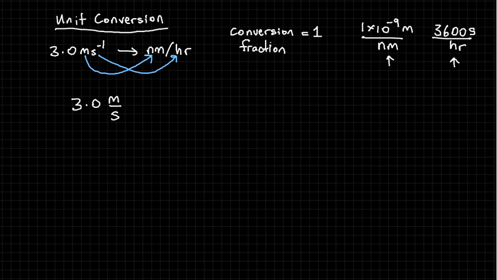So what we can do to this fraction here is we can flip it because it's the equivalent. In 1 nanometer there is 1 times 10 to the negative 9 meters, and that is still equal to 1. Alright, so let's times that by the fraction 1 times 10 to the negative 9 meters, and you'll see immediately that the meters and the meters cancel and it gives us nanometers on top, which is what we want.